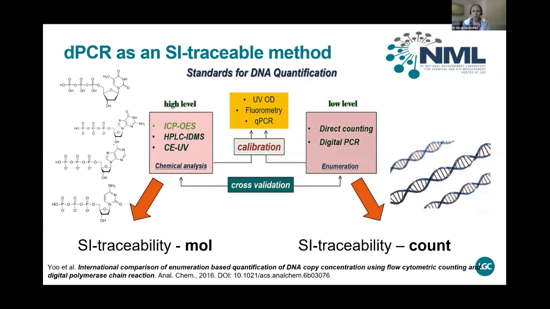And it was found that there was good agreement between these chemical techniques and the counting-based techniques such as digital PCR, and this really laid the foundation for digital PCR being a candidate primary method.